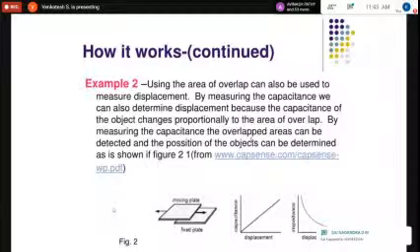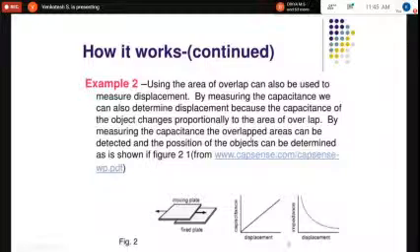Next principle. If the upper plate gets displaced, resulting in change of overlapping area between the plates, then peculiarly the capacitance increases linearly with displacement. That is the wonderful aspect. That's why this is directly used in industries for transducing mechanical displacement into an electrical parameter, with a linear, direct indication of displacement.